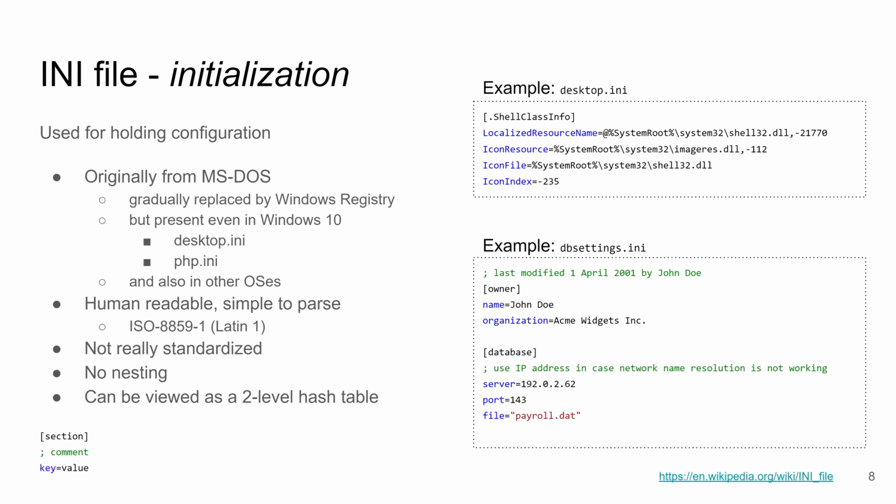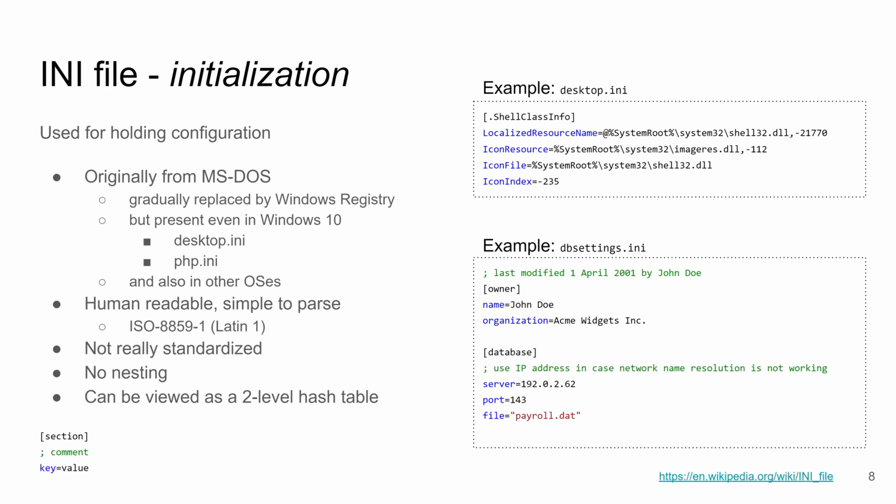INI stands for initialization, and it is used mainly in Windows-based PCs to store configuration. But even that is no longer necessarily true because an INI file actually originates from MS-DOS, which is a predecessor to the Windows operating system, and there the configuration was stored in those INI files.